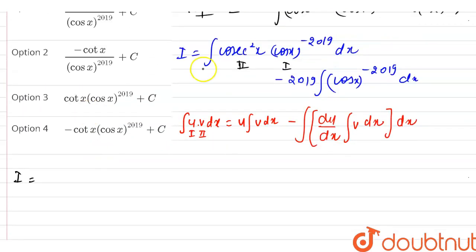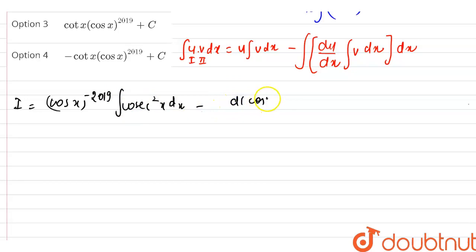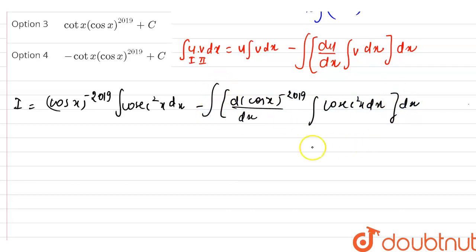So I'm writing here, my I will be: the first function as it is, cos x raised to the power minus 2019, times the integration of cosec²x dx, minus the integral of the differentiation of cos x raised to the power minus 2019 with respect to x, times the integration of cosec²x with respect to x, dx.